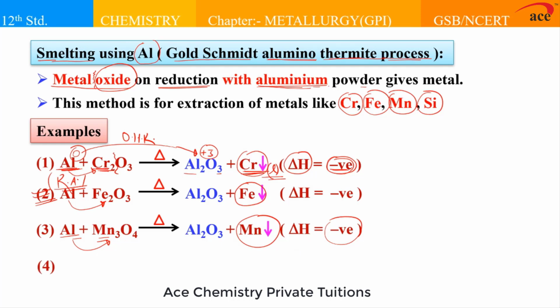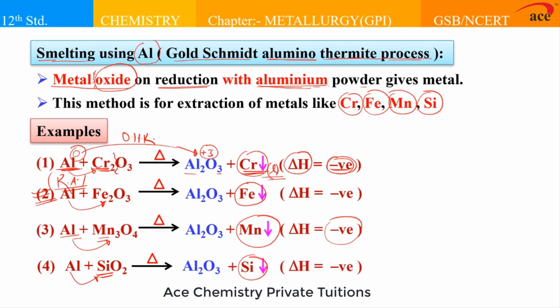So in all these processes, even for silicon oxide, which is a non-metallic oxide, you can say it's a metalloid, the aluminium metal powder is able to displace silicon, and again we are getting the molten form. So in all this thermite process, the aluminium is acting as a reducing agent. So it is one of the important uses in the smelting process.